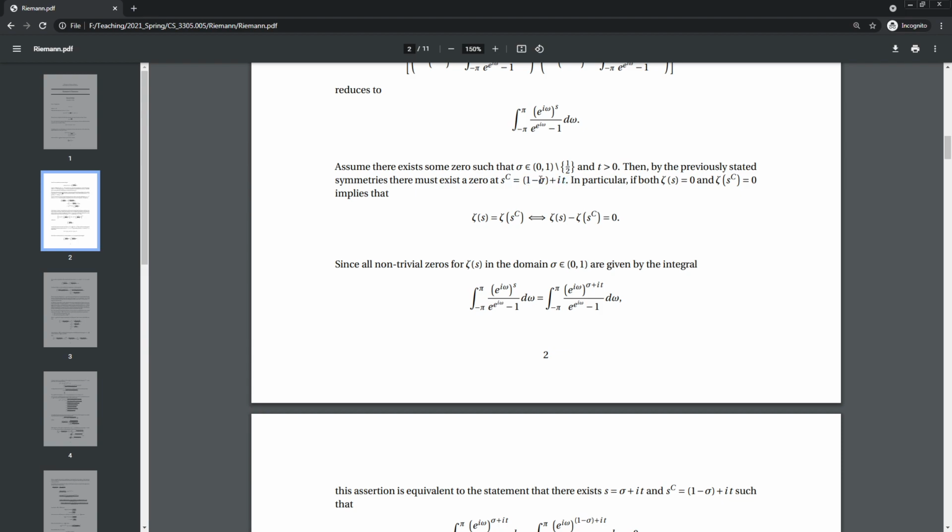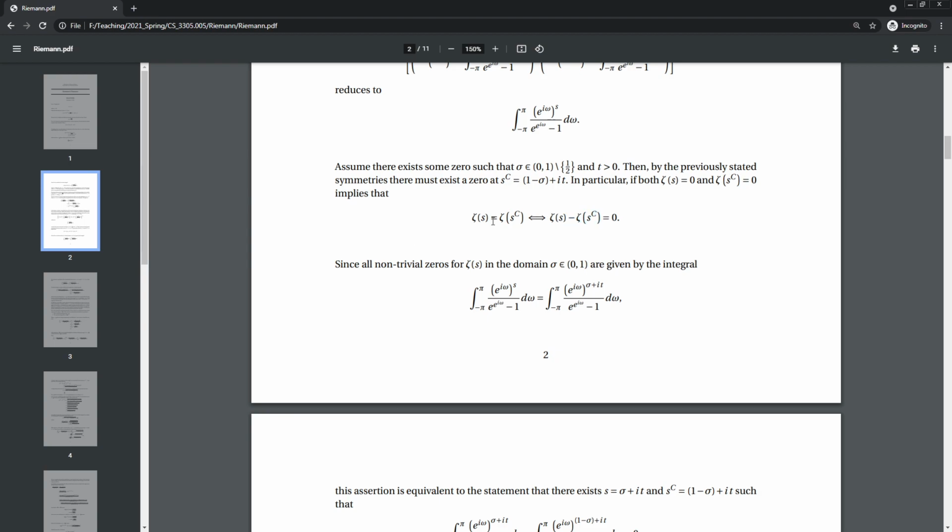So if sigma was 1/4, then you would have a zero at real part 1/4 plus it, and then at real part 3/4 plus it, because of that symmetry. So both zeta of s and zeta of s complement, if they're both 0, that's logically equivalent to saying that they're equal.